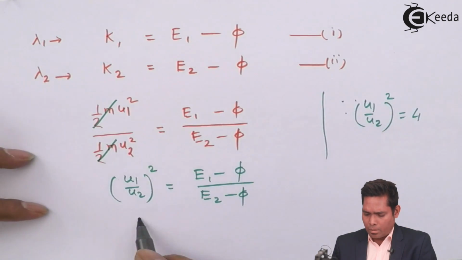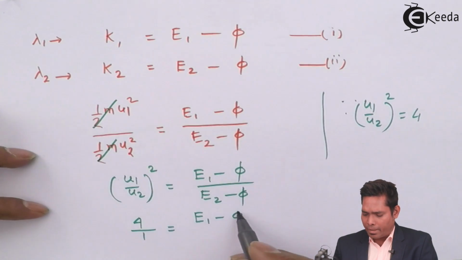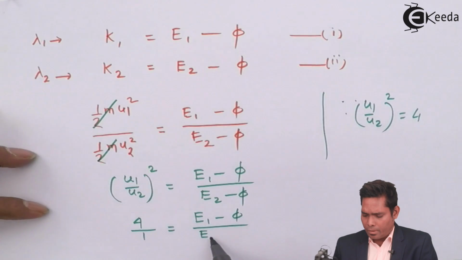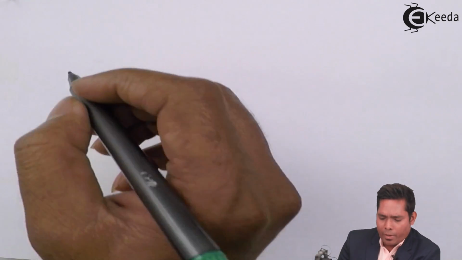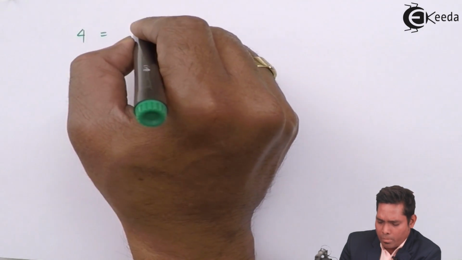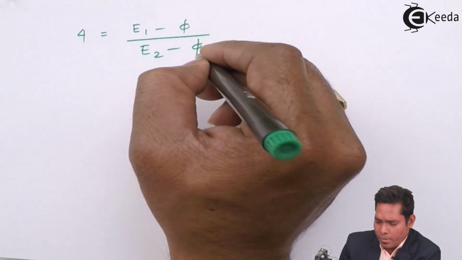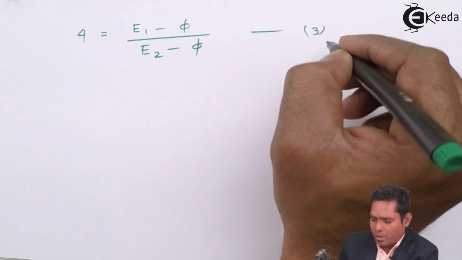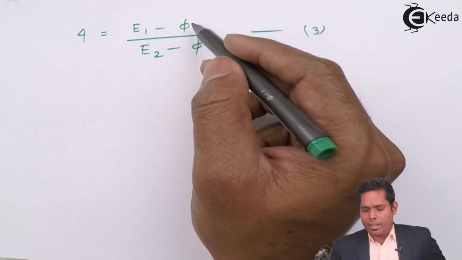I'll write 4 is to 1 equals E1 minus phi divided by E2 minus phi. So our aim now is to find phi in this equation, 4 equals E1 minus phi divided by E2 minus phi. This is equation number 3. If you put the values of E1 and E2 in this equation, you will get the value of phi.